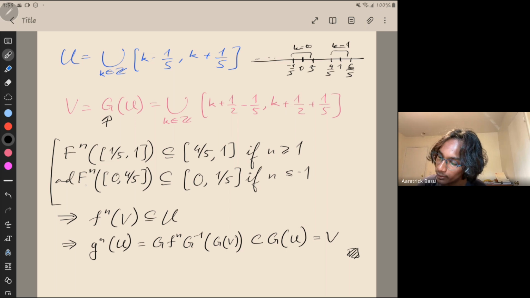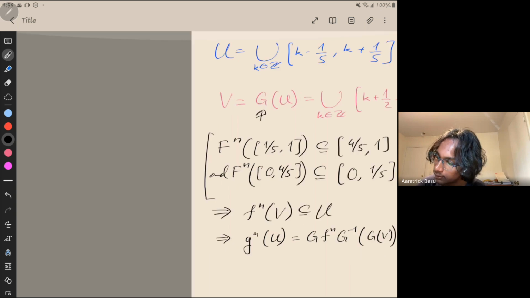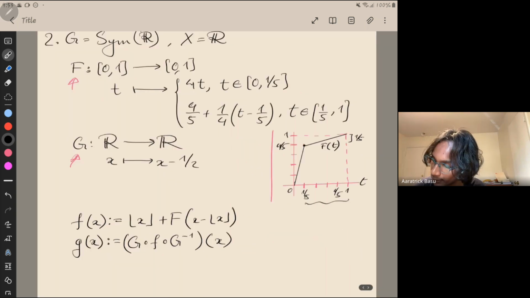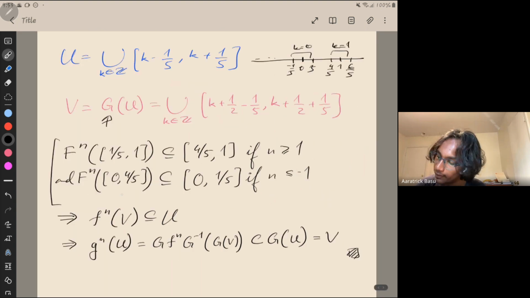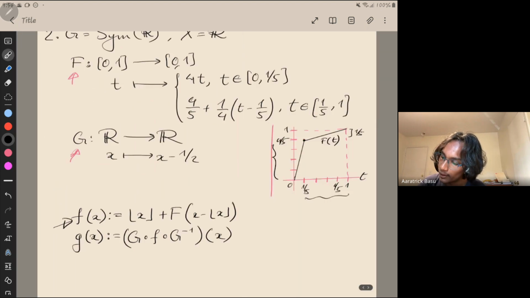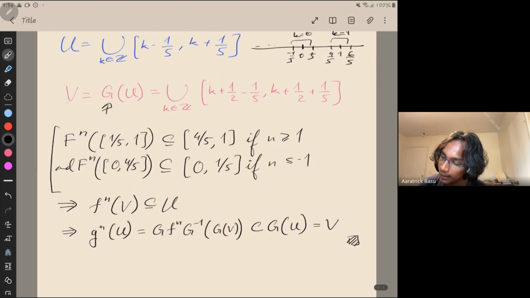And similarly, if you hit this interval 0 comma 4 over 5 with the inverse, you take this figure and you flip it, right? So then this is the interval in question. As many times as you hit it by the inverse, it's always going to be contained inside 0 comma 1 over 5. And so with this, a straightforward calculation will tell you that this map, small f, will push this capital V inside capital U.